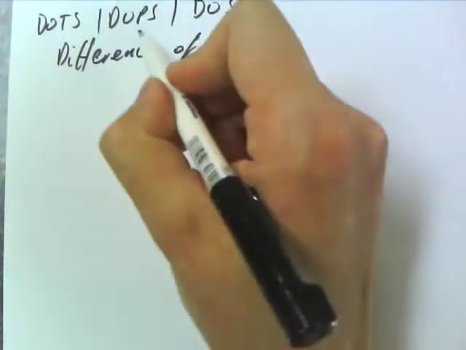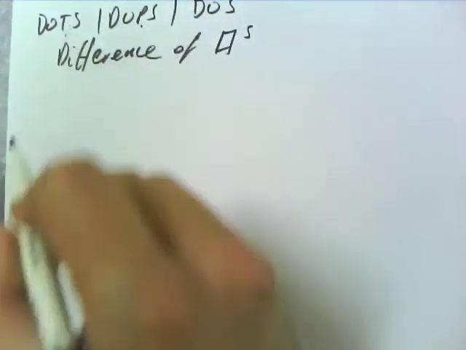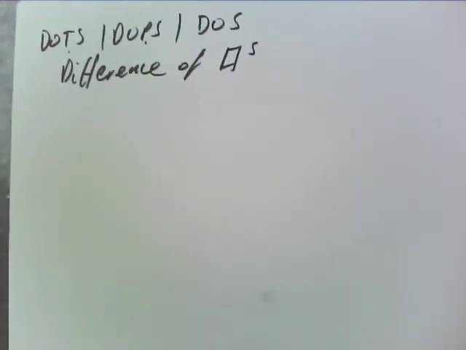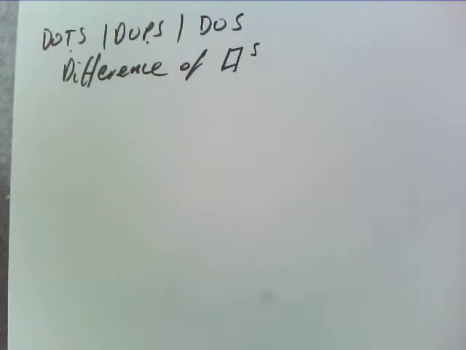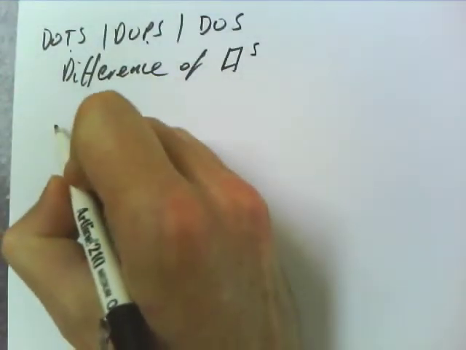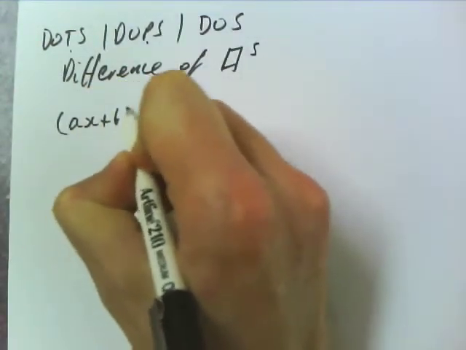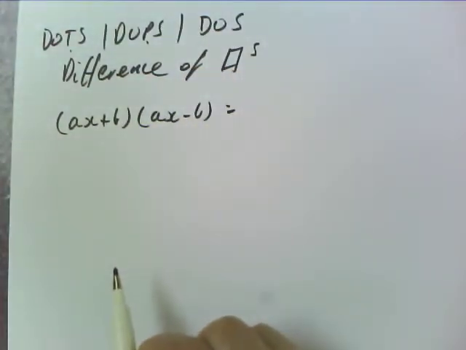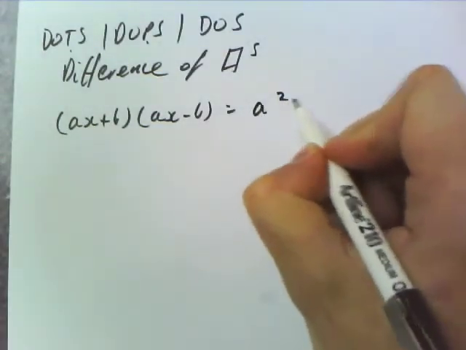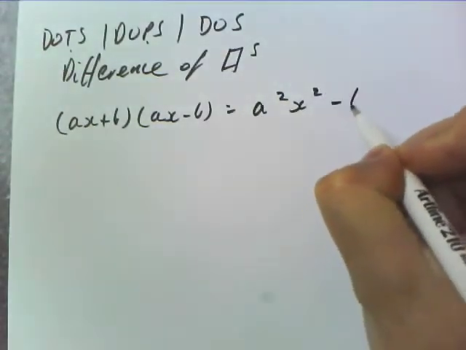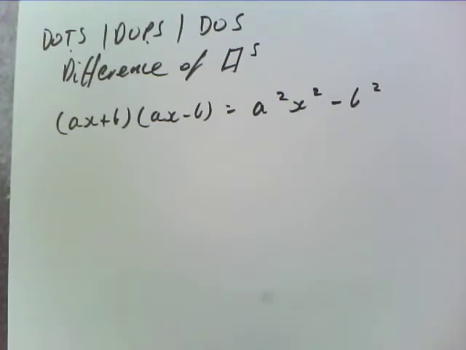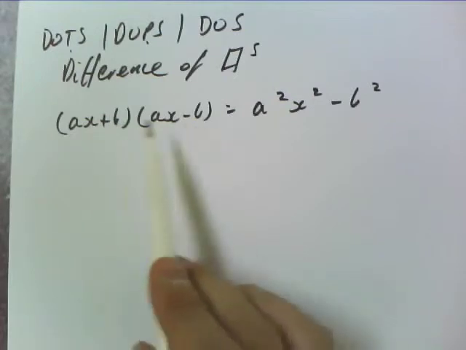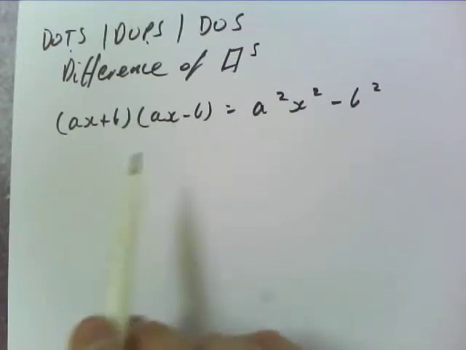Dots, DOS, whichever one you want to remember it as, doesn't really matter, but that happens if you're given a question ax plus b and ax minus b. It's really simple to expand that out. All you do is a squared x squared minus b squared. Okay, so if you've got the same terms in both brackets and there's only a change of sign between them, you just expand it like this.